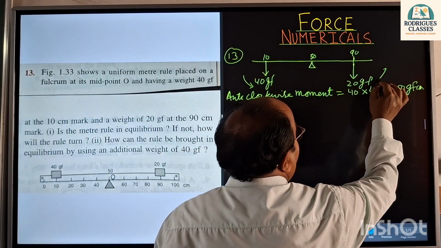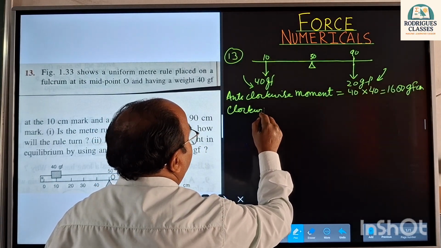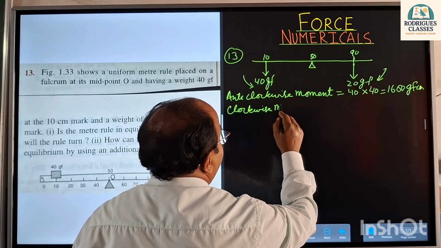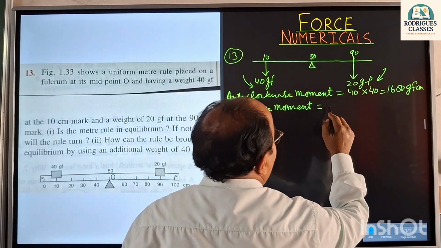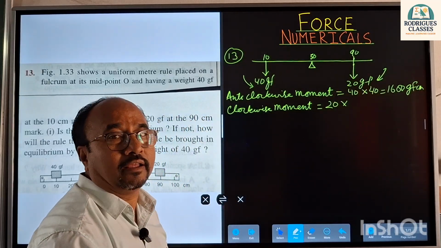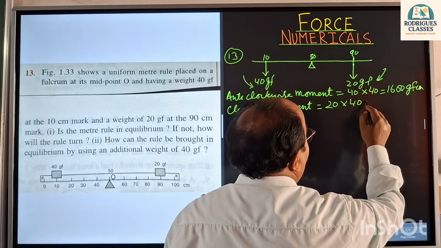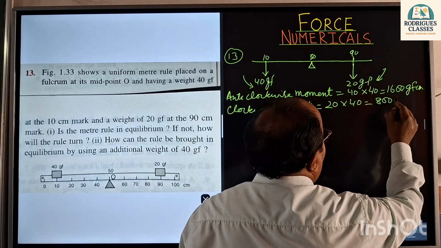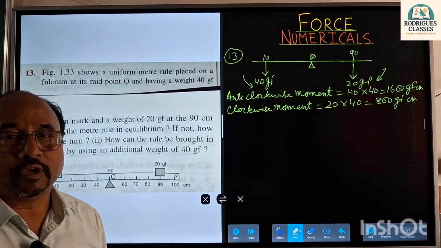And this one will turn it clockwise. So we look for the clockwise moment. So the weight is 20 here, into, from 50 to 90, 90 minus 50 is 40. So you get here 40. So that is 800 GF centimeter is the clockwise moment.